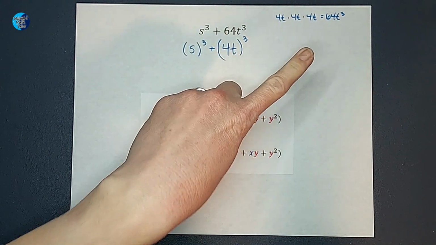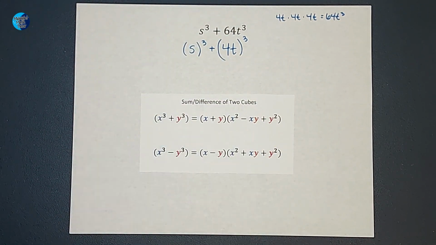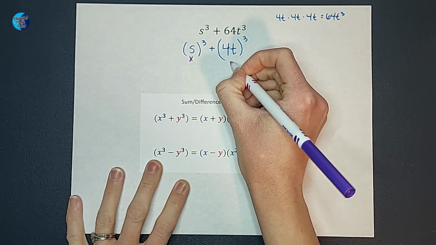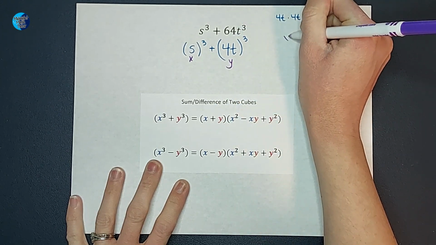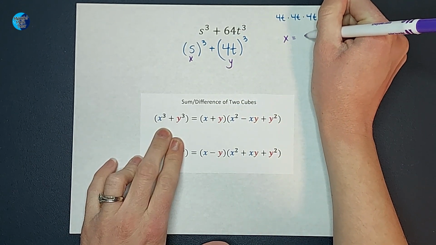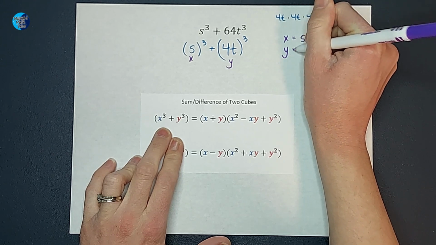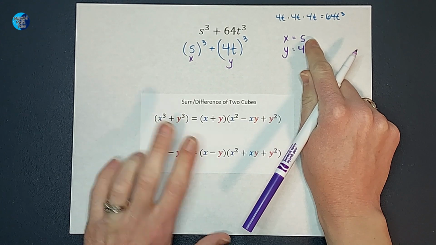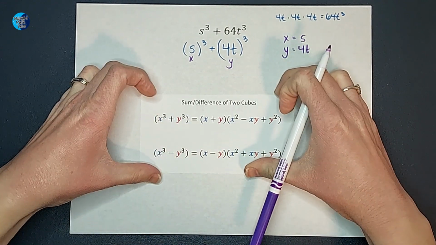Sorry. But if you need a review on that, I will link a video for you in the corner. But let's go ahead and use this now. So we're labeling s as our x, 4t as our y. We could also write it over here if that is helpful, that when we are plugging it in here, we are plugging in s for x and 4t for y.